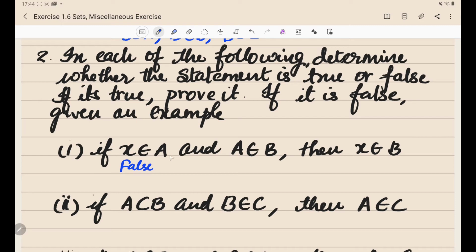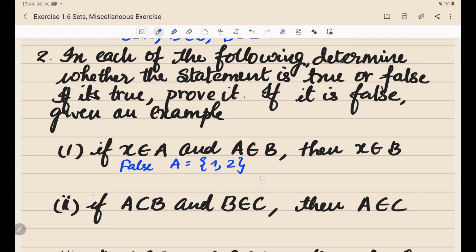Let's consider a set A whose elements are 1 and 2. You can take any example for this question, right? For my convenience, I am taking these smaller values, but there is no mandatory way. You can use any example. It is said that x belongs to A, so I considered a small set {1, 2}.